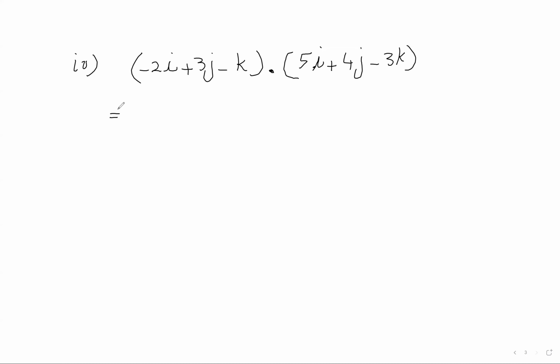Again, you can pause the video, try to do this on your own, and check the answer to see that you get the same value. At the end, we should get a number. The outcome of a dot product is a number, not a vector. So minus 2 times 5 plus 3 times 4 plus, so that minus k means minus 1 times k, so this is minus 1, times minus 3.